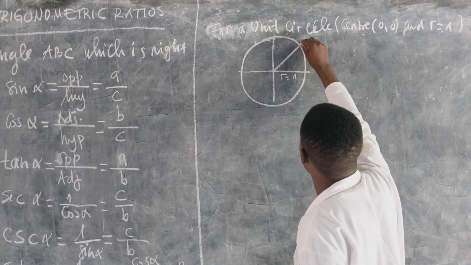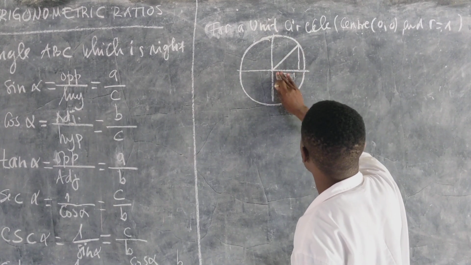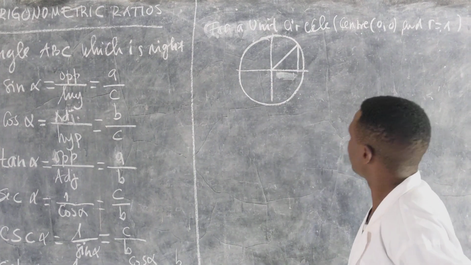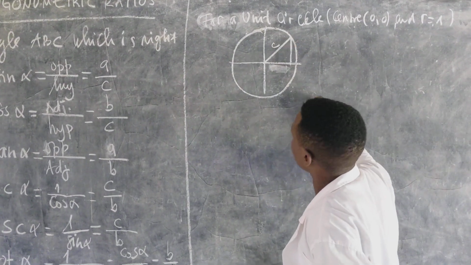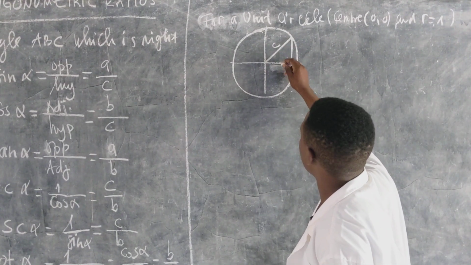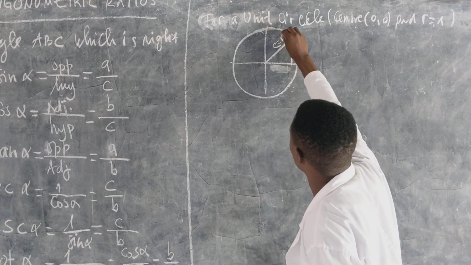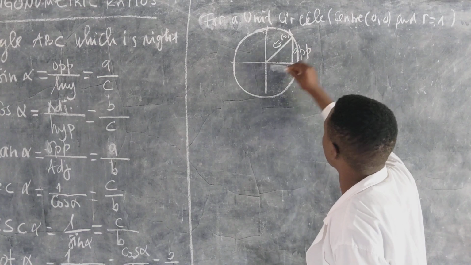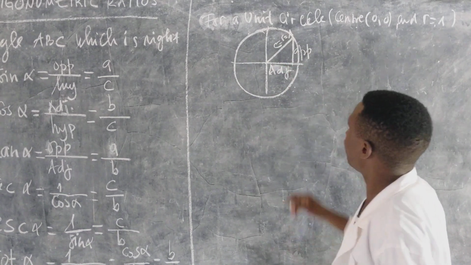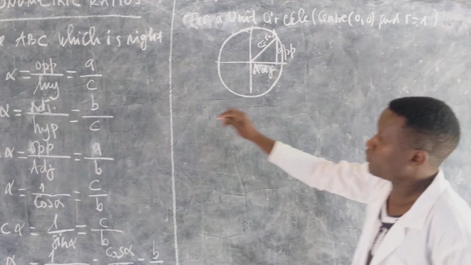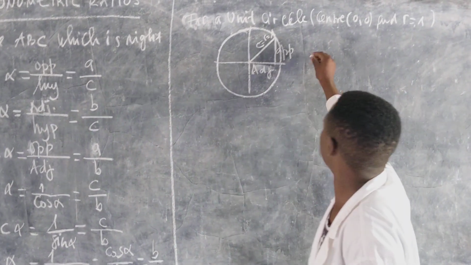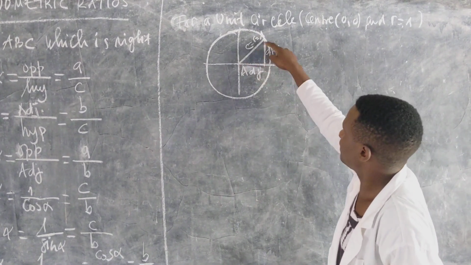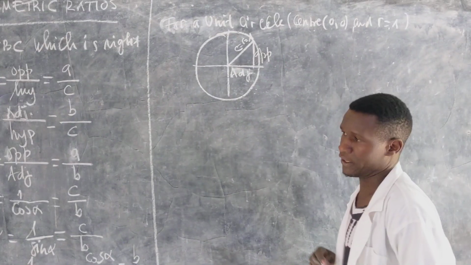Let's consider the triangle inside. This is the hypotenuse c, which is equal to the radius and is equal to 1. This is the opposite side, and this is the adjacent side. For a unit circle, c is equal to the radius and is equal to 1.